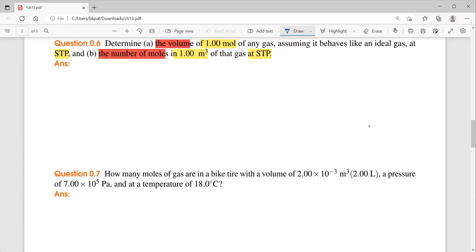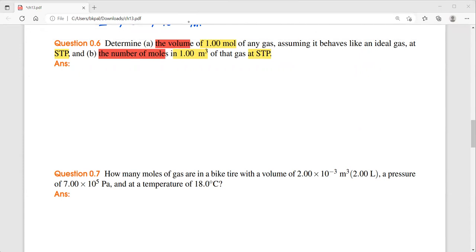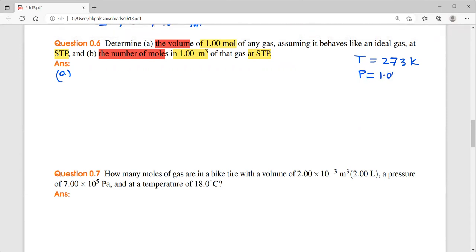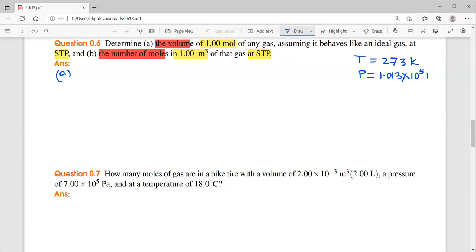So let's see. For number A, before I solve, let me write down what STP means. T means 273 Kelvin, and P means 1.013 times 10 to the power 5 Newton per meter square.